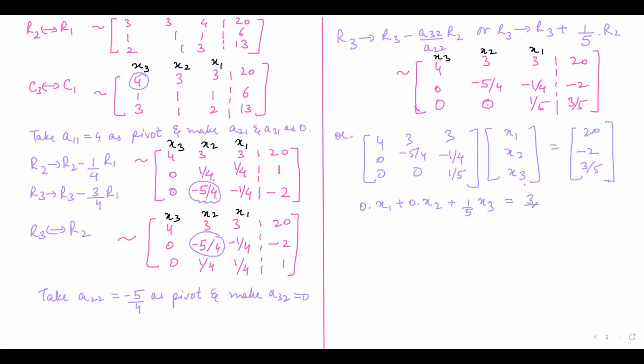So this is 3 upon 5. So ultimately, I'm getting my x3 as 3. Then 0x1 minus 5 upon 4 x2 minus 1 upon 4 x3 equal to minus 2. Am I doing it in a correct way? No. This is wrong. This is wrong.